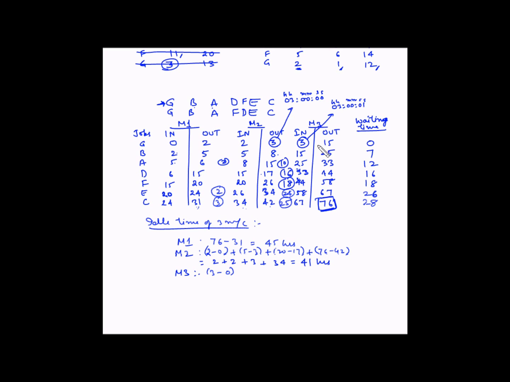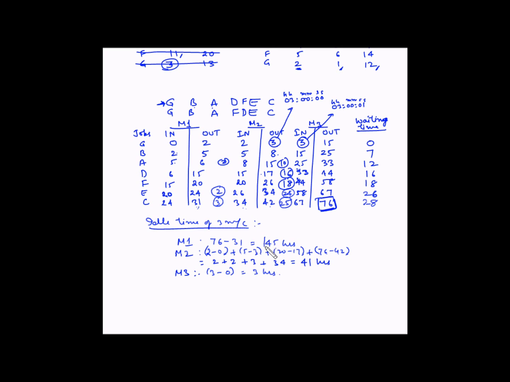So it comes out on the 15th hour, goes to process B again for the 15th hour and finishes 25. A again goes in at 25th, 33, 33, 44, 44, 58, 58, 67, 67 till 76. So there's no other idle time for machine M3, so this is equal to 3 hours.